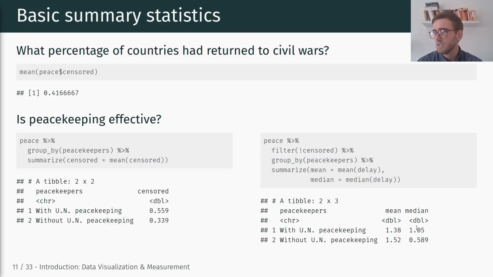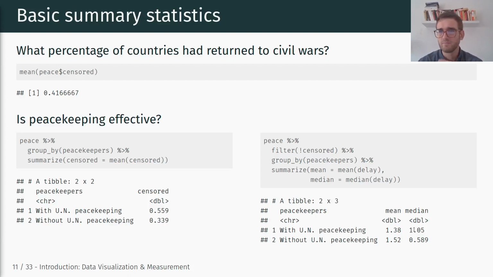And we see here, depending on mean and median, at least when we look at the median, that with the UN peacekeeping mission, there was a longer time span between the initial ceasefire and the revival of the fighting.